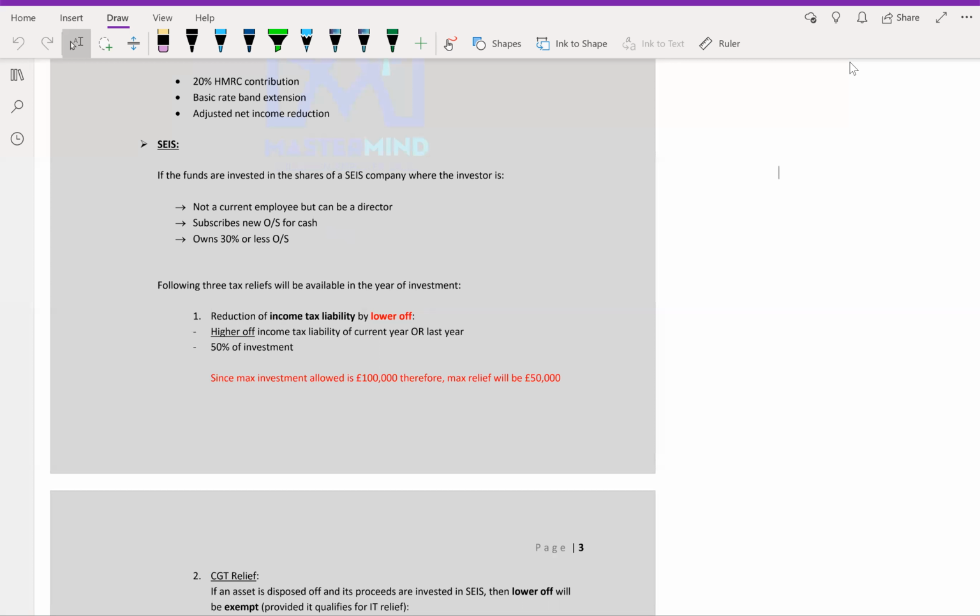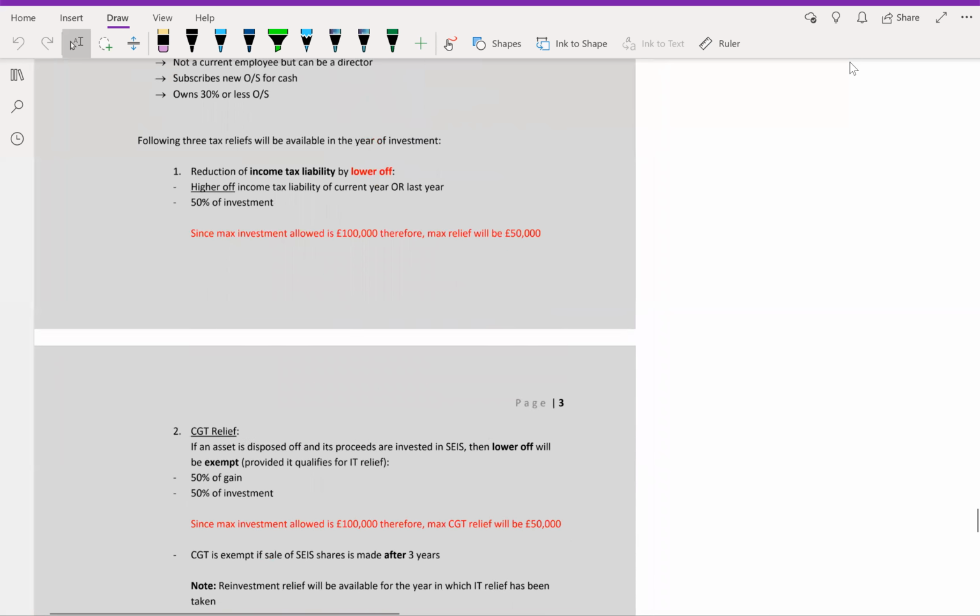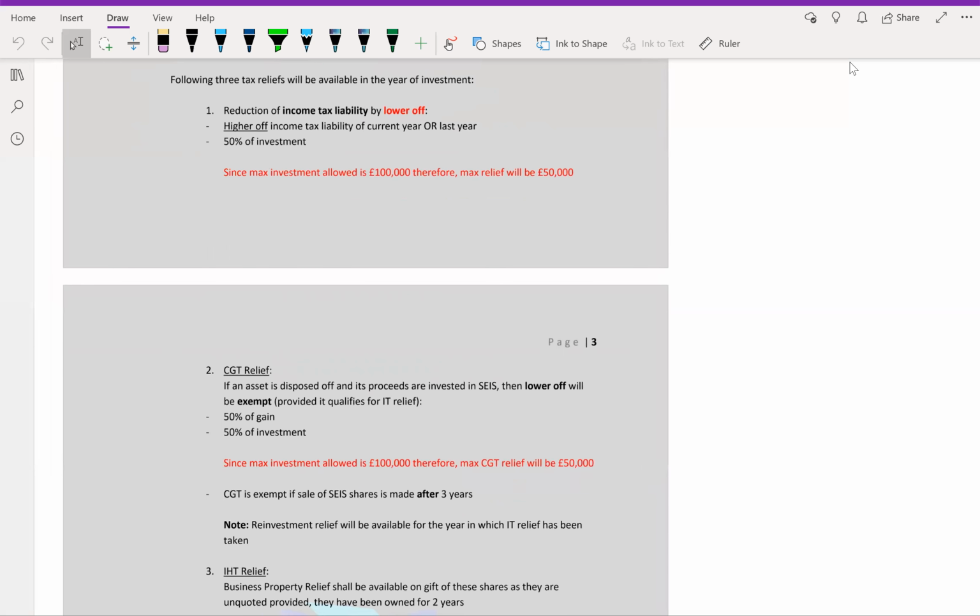there will be three tax reliefs. Number one in income tax, number two CGT, number three IHT. IHT is your inheritance tax, which you obviously haven't studied right now, but you guys have started CGT, right, in your TX class. So you basically have the idea what CGT is from your TX studies as well. Okay, so let's discuss the income tax relief.